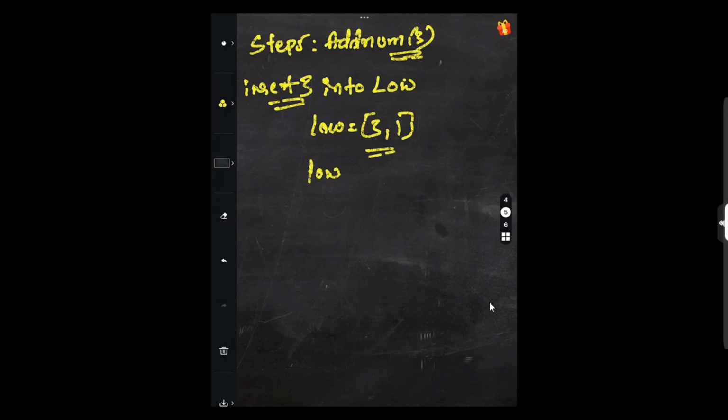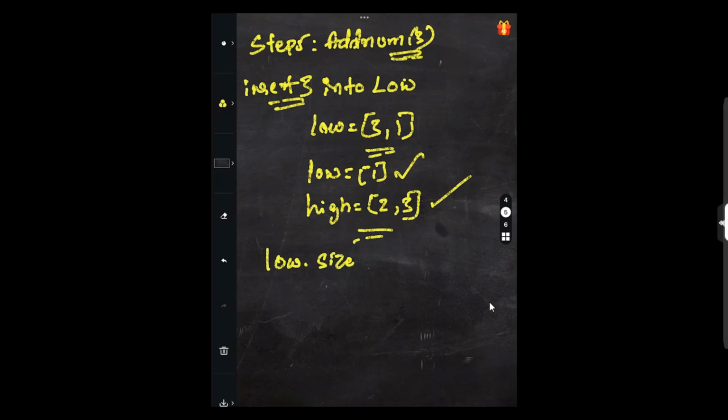Now low will be 1 and high will be 2, 3, right? We are just moving the largest, 3, from low to high. From the approach, when the size of low is less than the size of high, then we move 2 back from high to low.